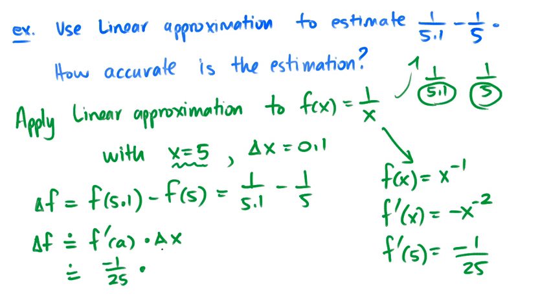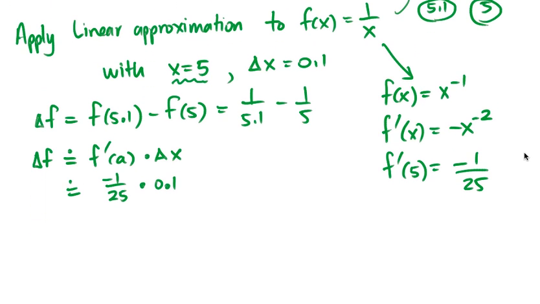So the change in f is approximately negative 1 over 25 times delta x, and delta x is 0.1, so we get a value of approximately negative 0.04.